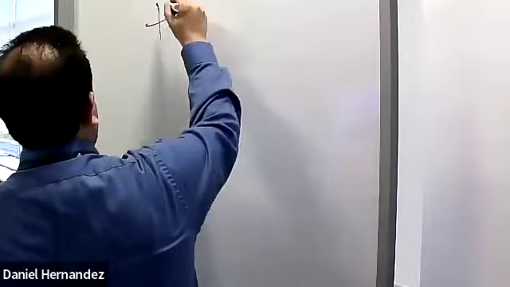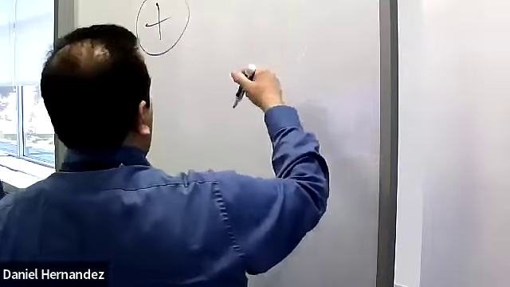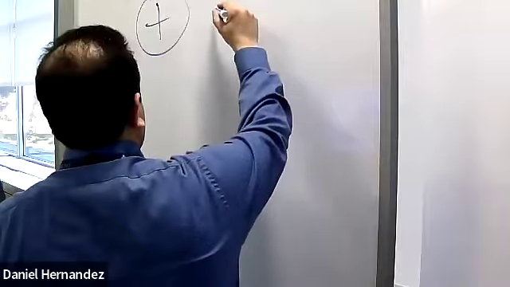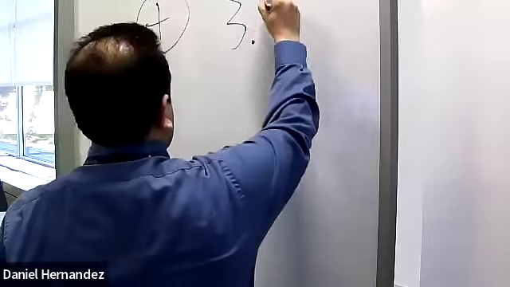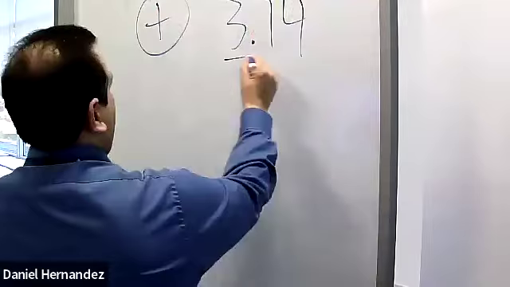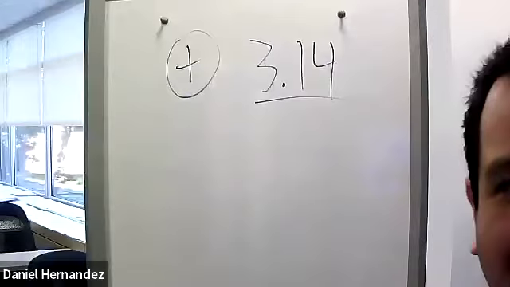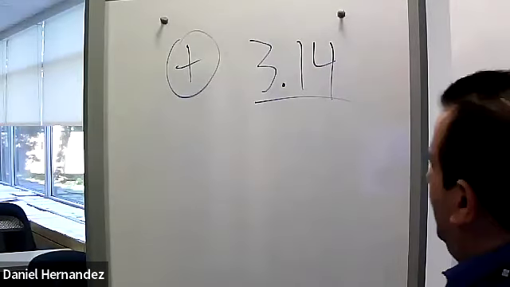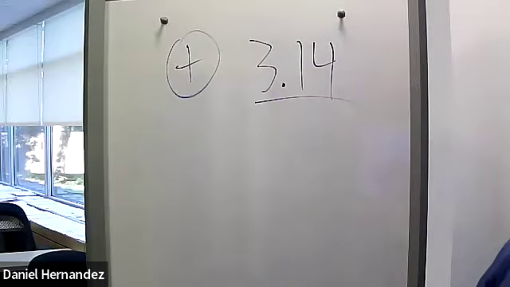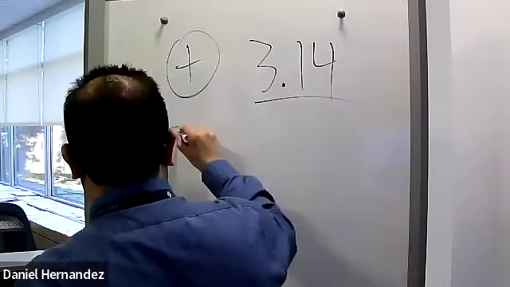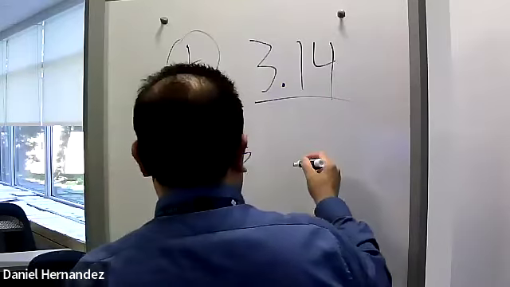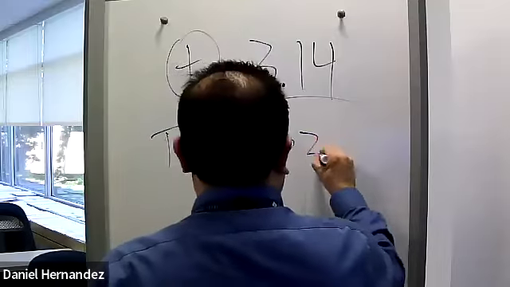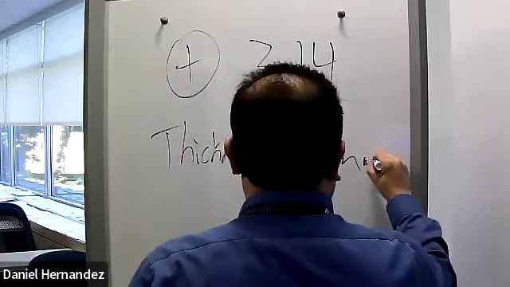In terms of positive, I just remember pi, 3.14, if you ever wanted. So 3 represents the thickness: thickness greater than 3 millimeters.